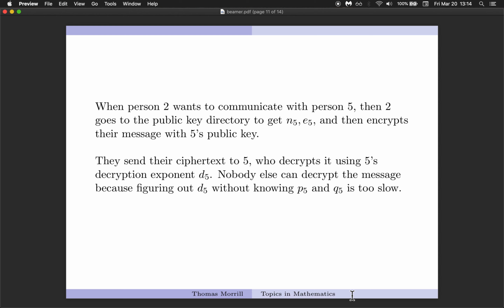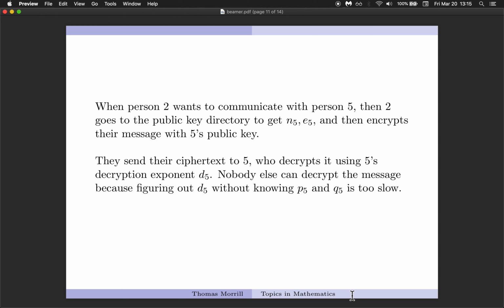So let's say person 2 has some message they want to send to person 5. 2 will go to the directory of all the public keys, or more realistically, their phone will look it up for them, and get the numbers N5 and E5.